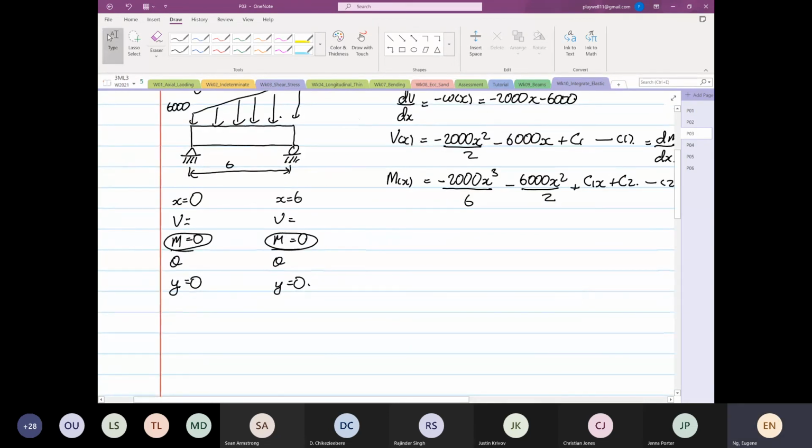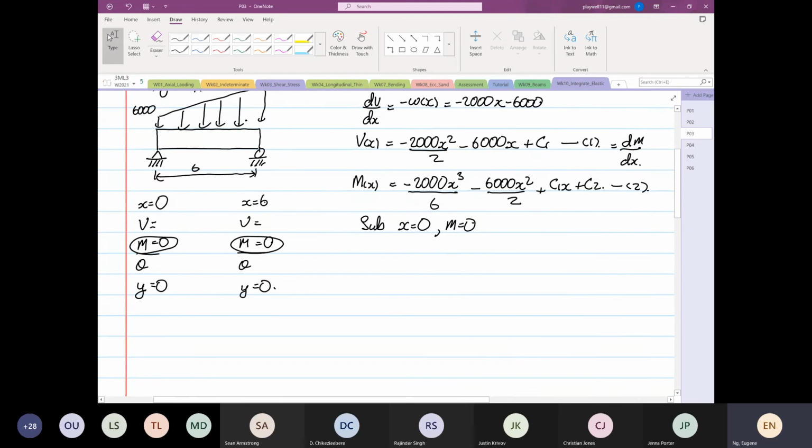So you go and substitute when x is equal to 0, moment is equal to 0, into equation 2. So you realize that 0 is equal to minus 0 plus C1 times 0 plus C2, right? So C1 times 0 is also equal to 0.